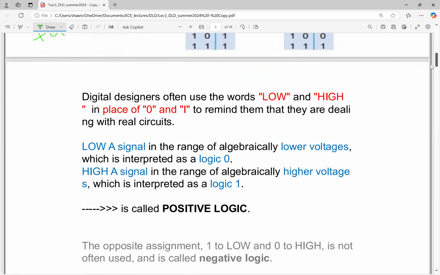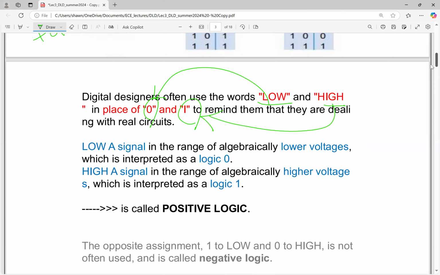By the way, digital designers often use the words low and high voltage in place of logic value 0 and logic value 1. Low voltage of the electric signal means logic value 0, and high voltage indicates logic value 1.